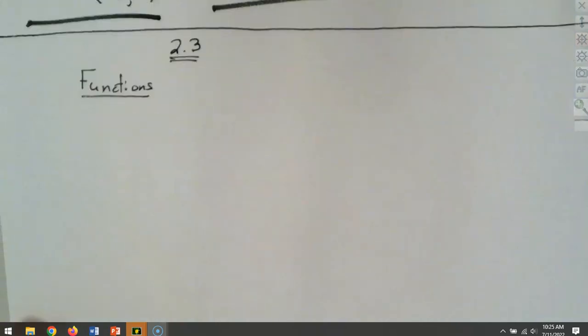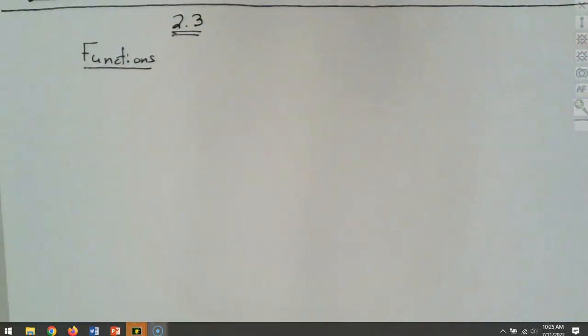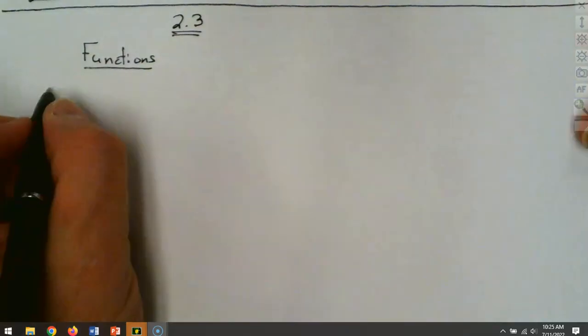And we've talked about this before in previous courses. So let's talk about how we decide if something's a function or not. How we decide if something's a function or not is if we have a graph, we have what's called the vertical line test.